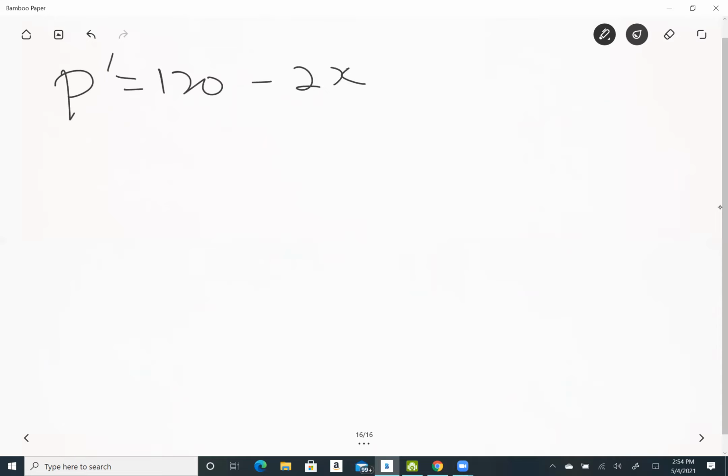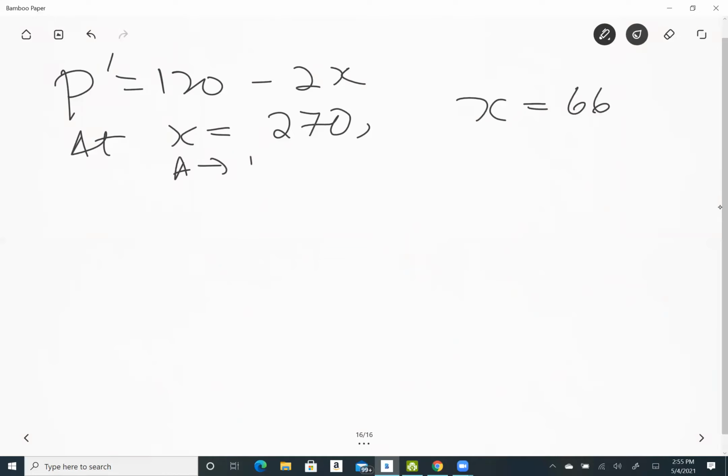Now let's find the marginal profit at a few levels of x. Say x equal to 270, and then x equal to 66. Again, to do this quickly, A to M do this one, N to Z do the other. Because the function is quite simple, you can get it in 30 seconds.